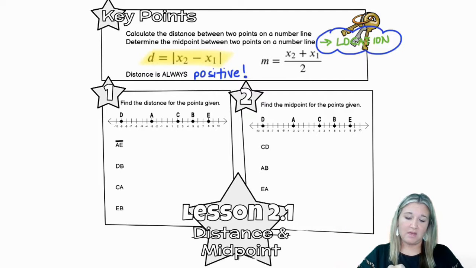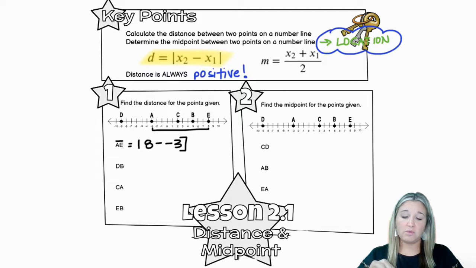So from A to E, we have the absolute value of, I'm going to start with the bigger one, 8 minus negative 3. You can also count on the number line. Now, if you start getting really large numbers, that might not be as easy, and in the challenge question, you can't really count either. So just keep that in mind.